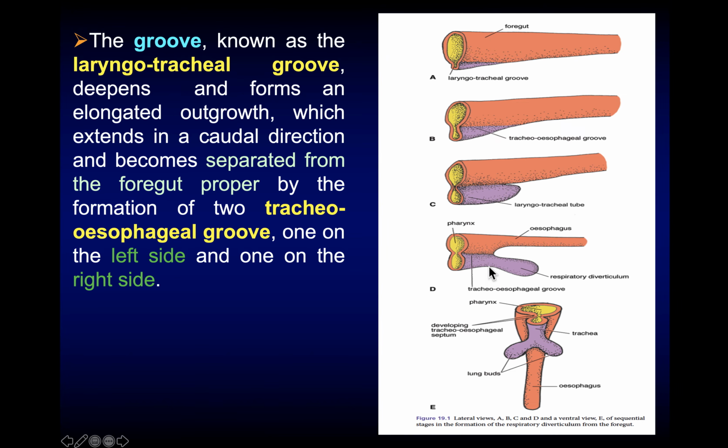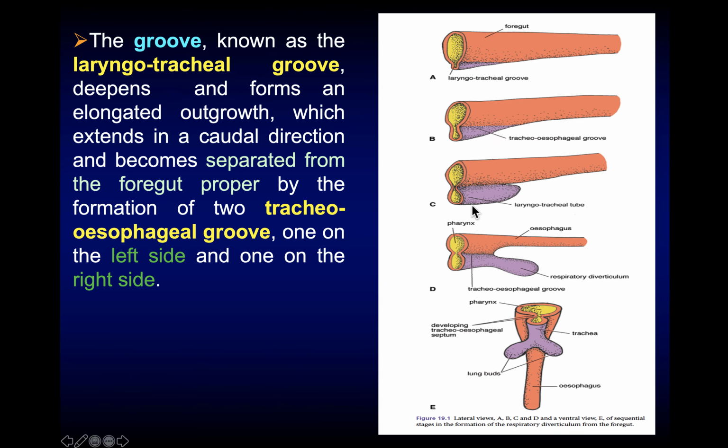And this separation is going to happen by two grooves, one on the right, one on the left, which is called the tracheoesophageal groove. And we can see here this tube keeps elongating caudally.